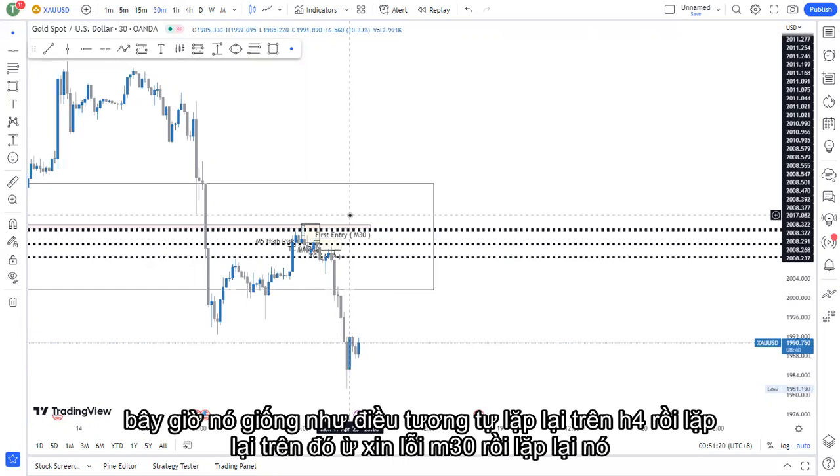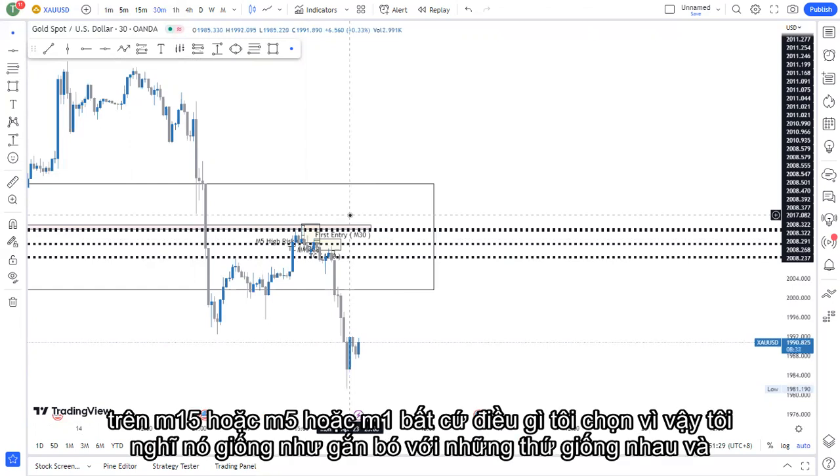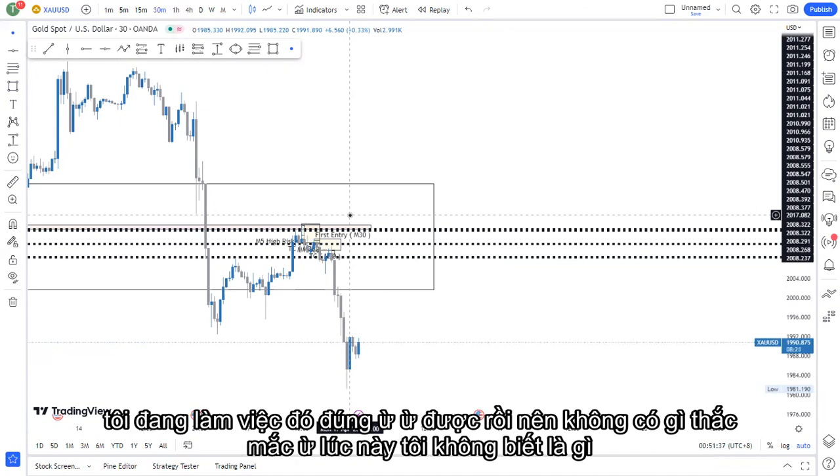Now it is the same thing, repeating on H4, then repeating on M30, then on M15 or M5 or M1, whatever I choose. So I think it is about sticking to the same SOPs and doing it properly. Yep. So there is no question for now.